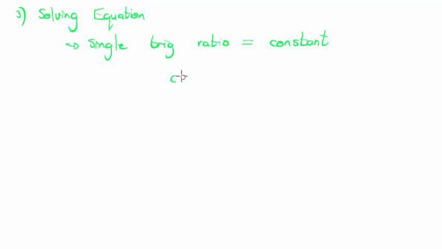For example, cos of theta equal to 0,357, or sine of 2 alpha equal to a half, or tan of x plus 60 degrees is equal to 7, whatever.